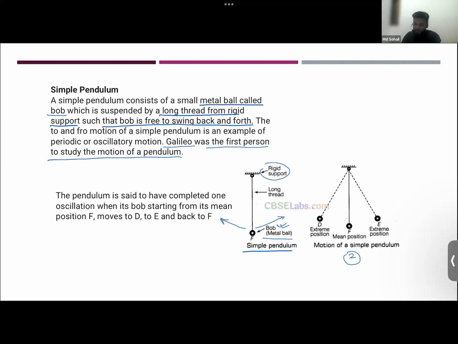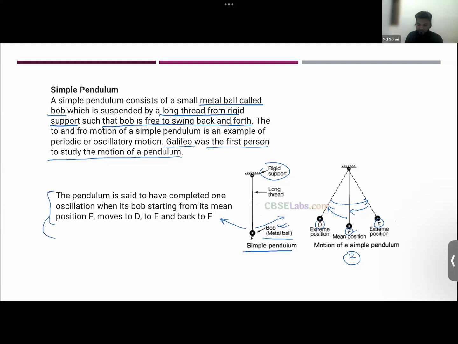From position F, it will move to position D, and again from position D, it will move to position E, and again it will come back to its initial position, that is position F. So that one complete motion is called one oscillation.